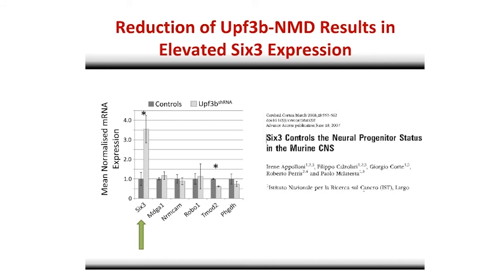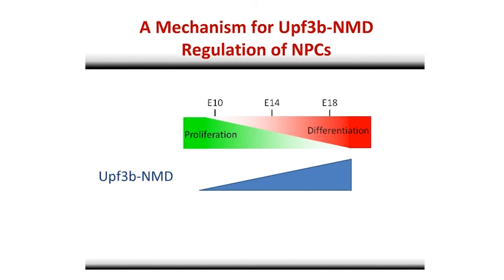So that led us to somewhat of a working model that as cells of the developing brain lose their proliferative capacity, you get an increase in the activity of the UPF3B dependent NMD pathway. And we think that this association or correlation is actually functional because when we knock down UPF3B expression, we endow the cells with a more proliferative capacity.